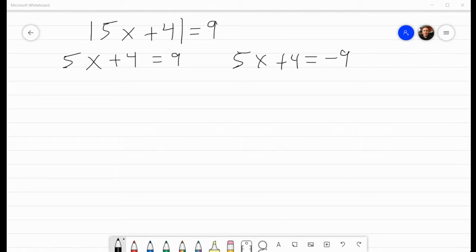So how do we solve them? You just want to get x all alone. So we subtract 4 from both sides. The 4's cancel, and we get 5 times x is 9 minus 4, which is 5.